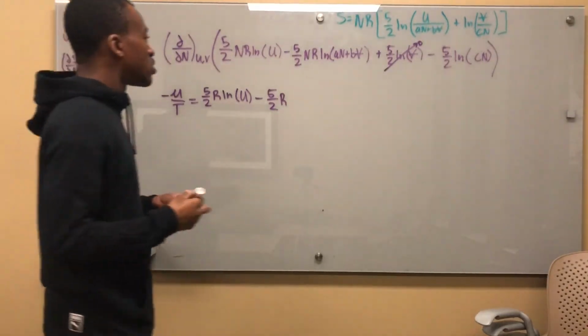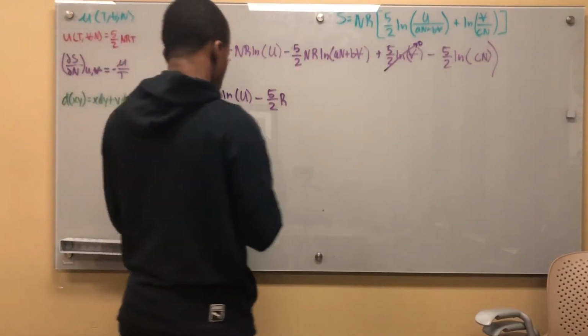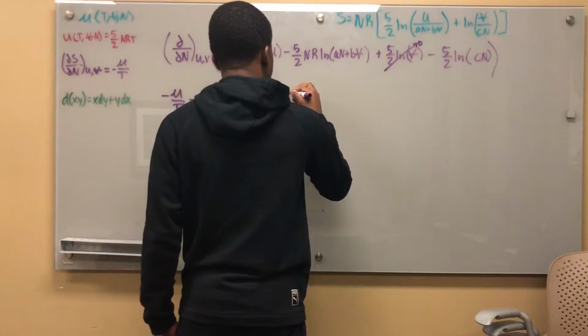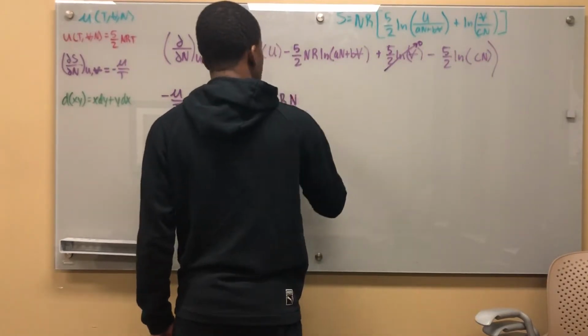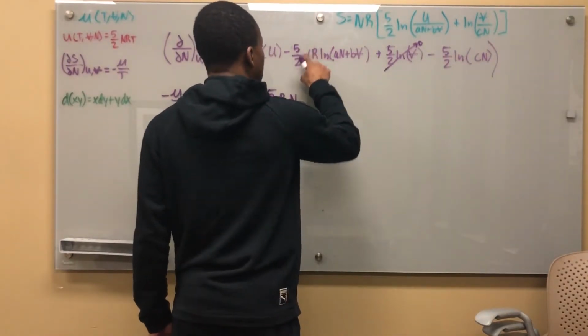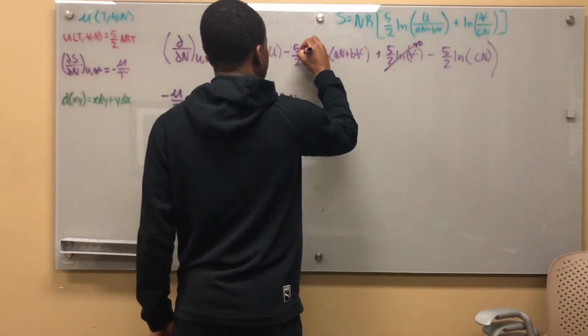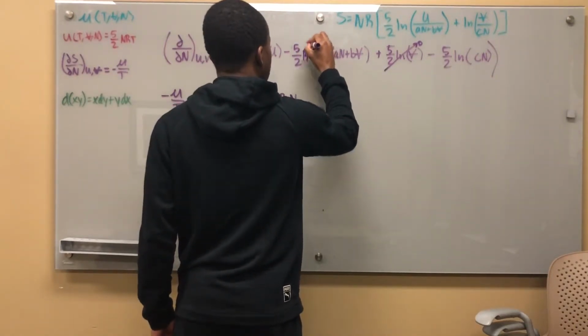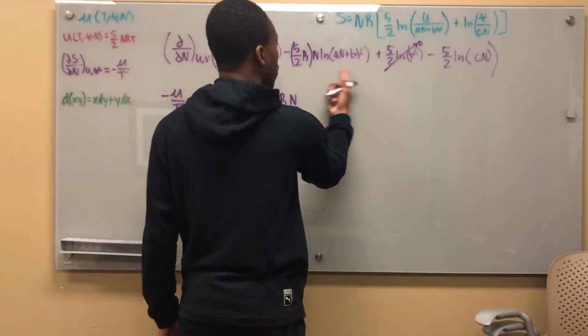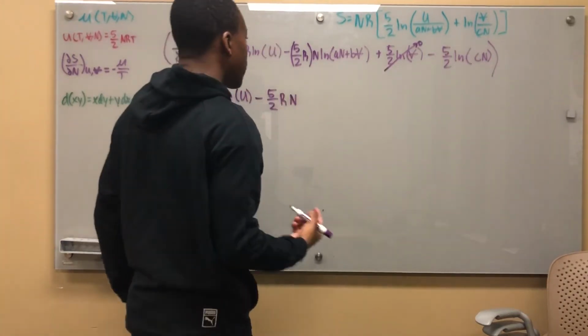That's product rule. So that's gonna be n, the first term, which is my n, right? I can rewrite this whole thing as 5 over 2r times n, and then I can put that in brackets. So we're only dealing with this. This is our constant, okay?